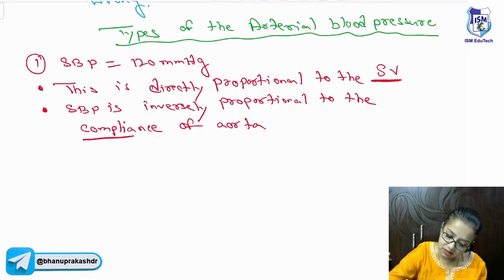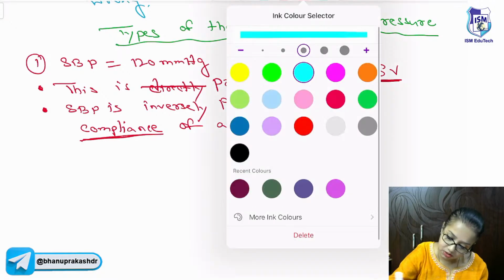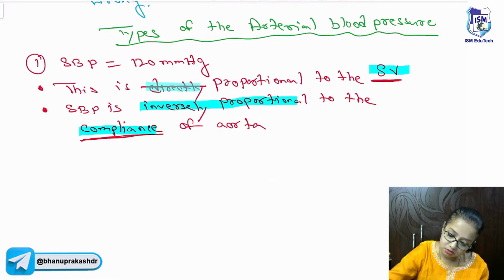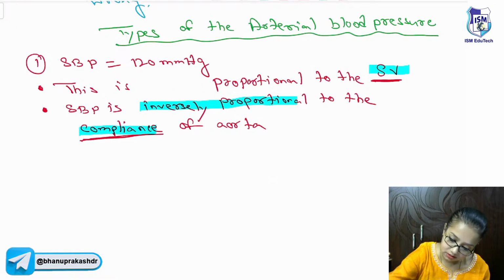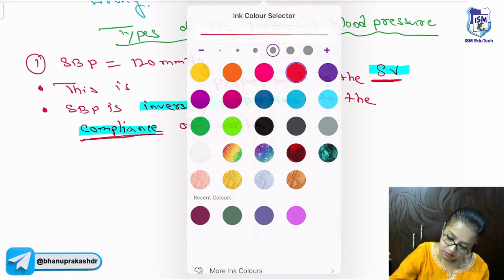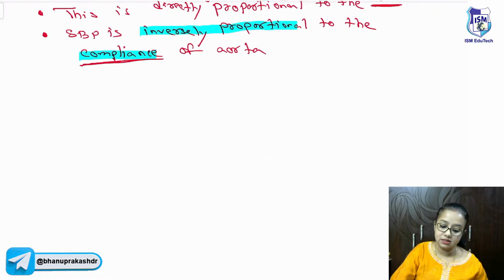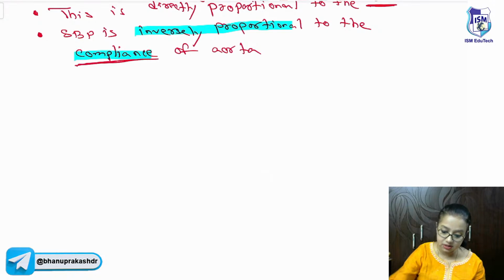It is directly proportional to the stroke volume, and inversely proportional to the compliance of aorta. So what does this compliance of aorta mean?